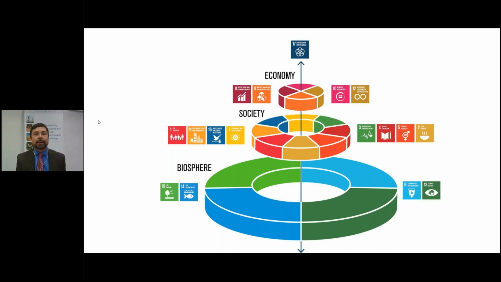Somehow either the culmination of everything below it, or perhaps the hub of the wheel, helping to keep all of these unruly parts together. Probably it's a little of both. The name of this particular goal is partnerships. And it includes global cooperation around trade as well as finance, technology, governance, and other matters of cooperation.